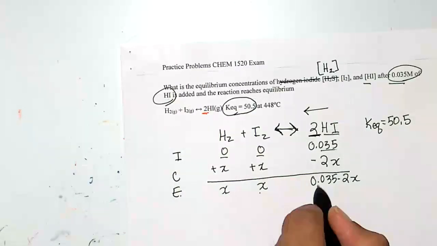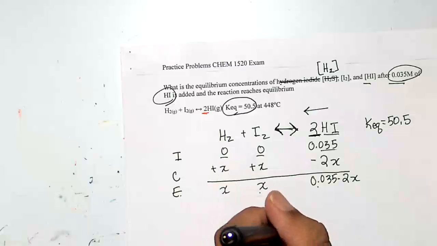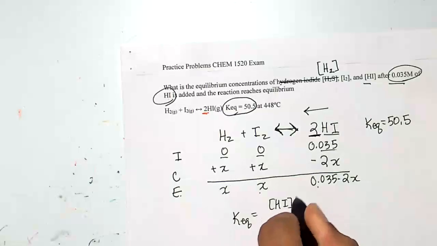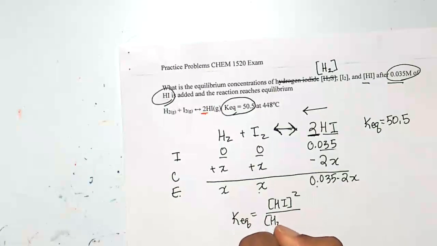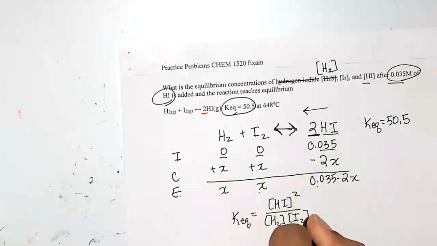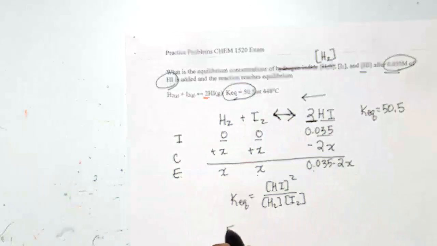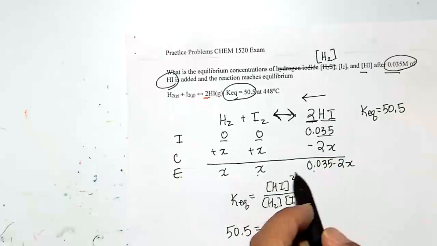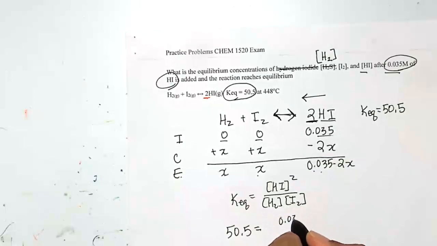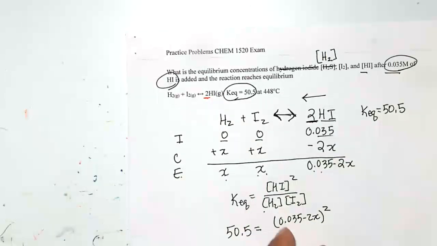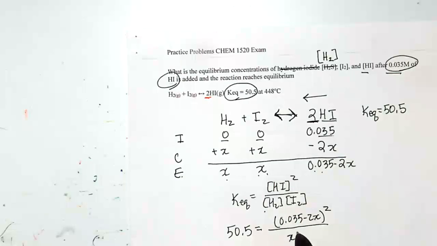These are the equilibrium concentrations, x, x, and 0.035 minus 2x. That's going to be 50.5, over 0.035 minus 2x squared. H2 is x, I2 is x, so what's x times x? x squared.